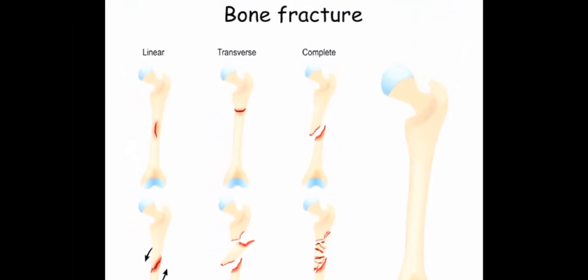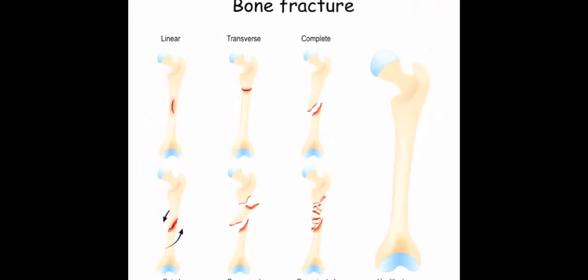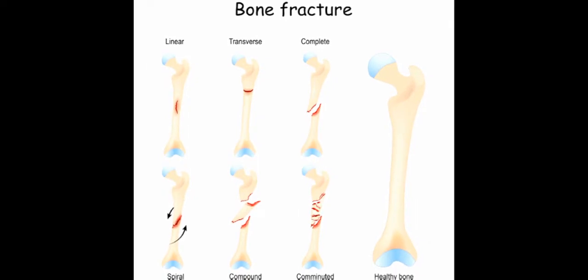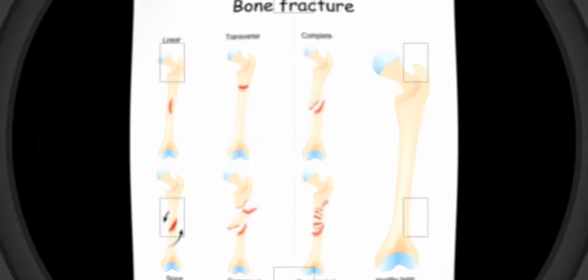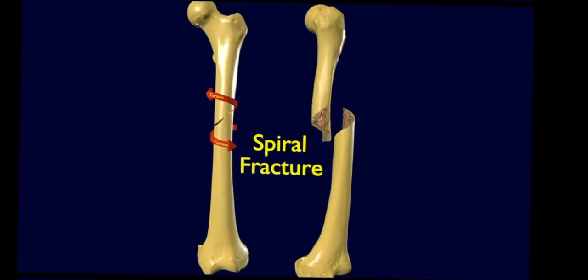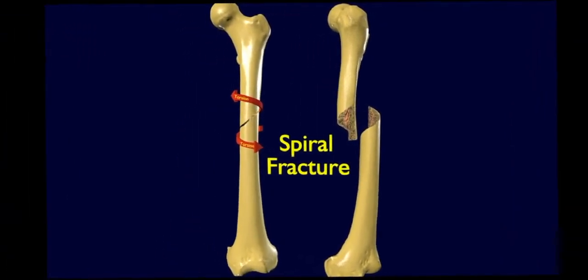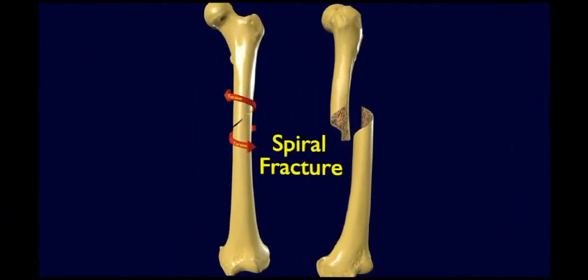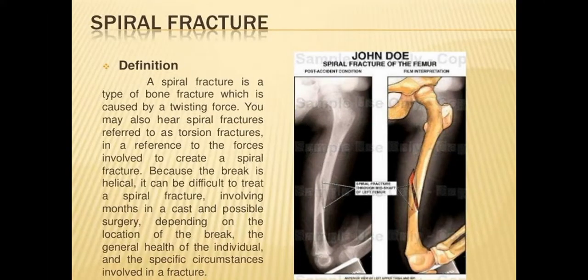So guys, big focus. These are some pictures of bone fractures. First one is linear, second one is transverse, third one is complete bone fracture. First type is spiral fracture. What is it? It is a type of bone fracture which is caused by twisting force.